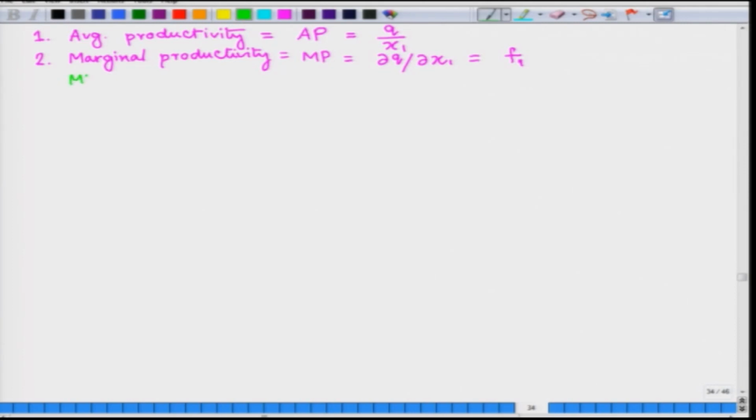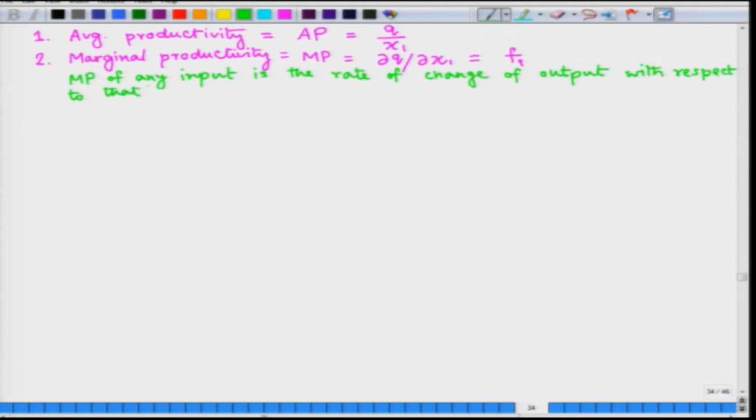So, marginal product of any input, of course it has to be a variable input, is the rate of change of output with respect to that input.